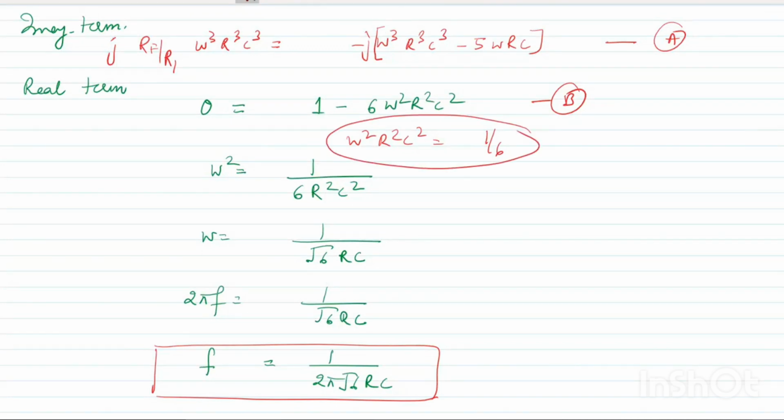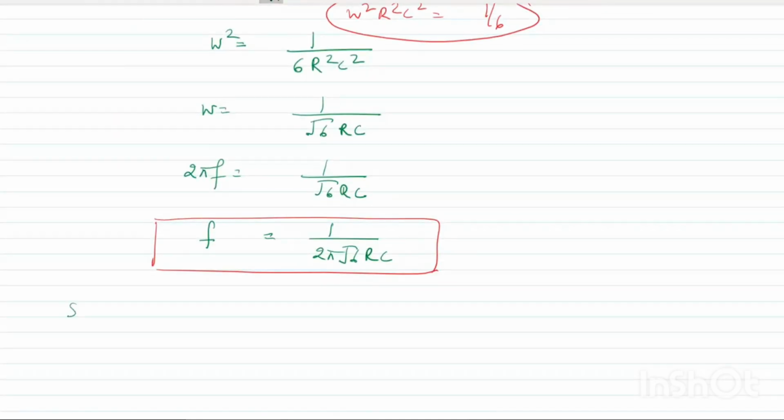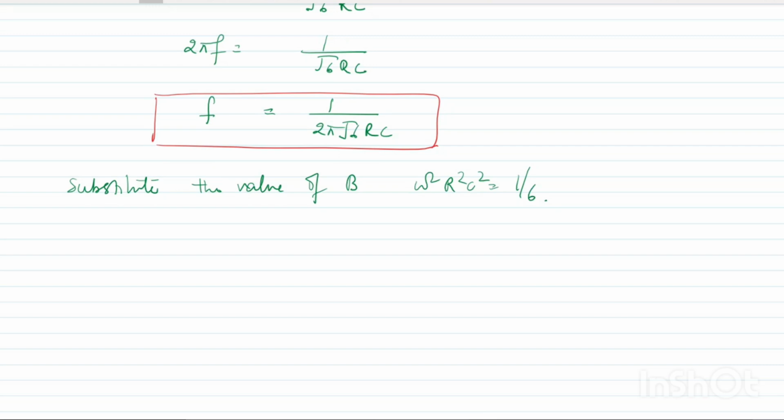Now from this B, substitute the value of B in A. To get the value of A, substitute the value of B. What is that? That omega square R square C square equals to 1 by 6. We have to substitute in the A.